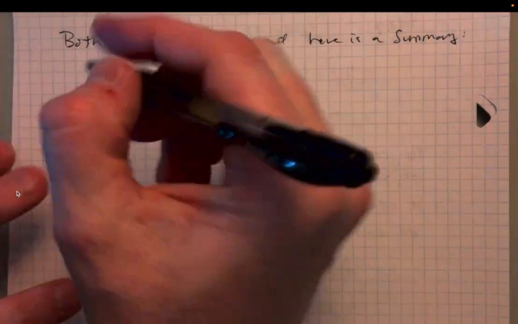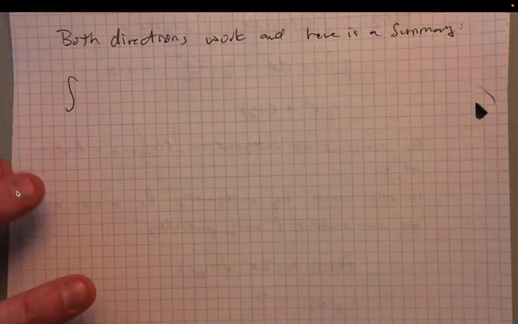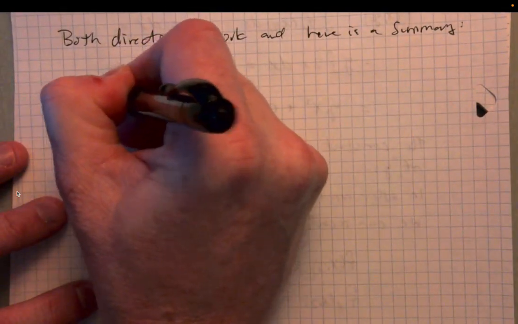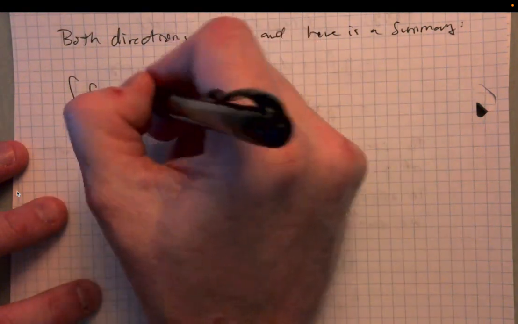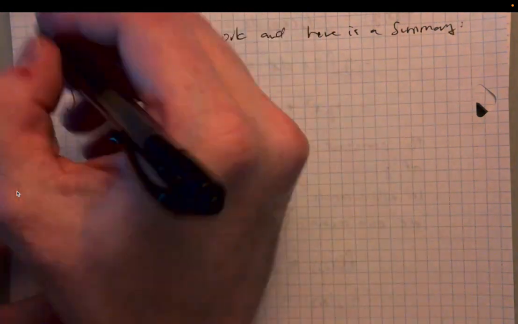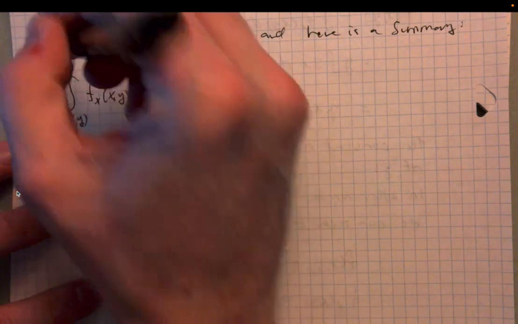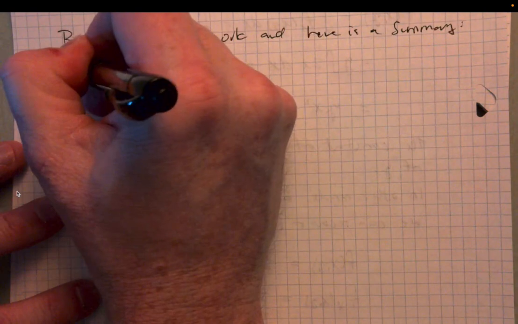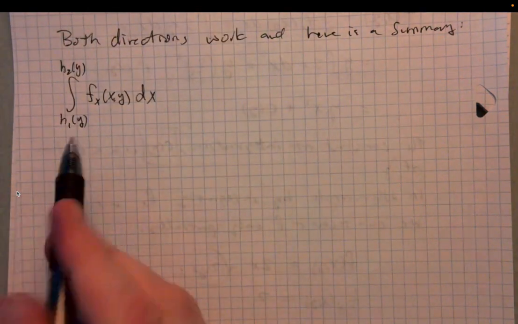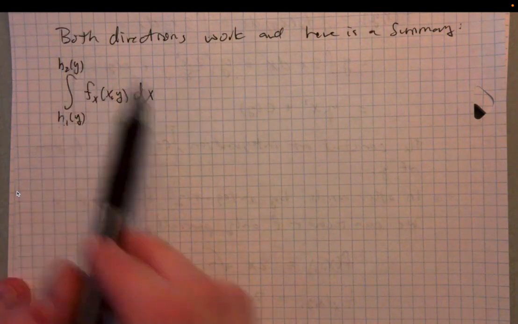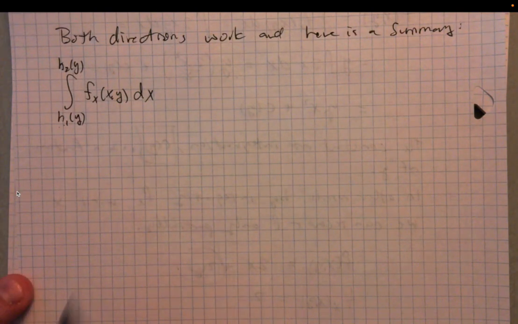So the first thing you might want to do is say I've got some partial with respect to x, and I want to integrate with respect to x. So what I'm going to use as my bounds are two functions of y. This is a function of y, it could be a constant. And this is a function of y, which also could be a constant.